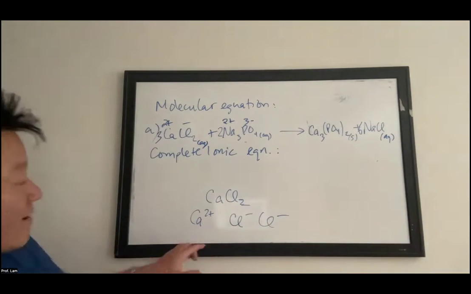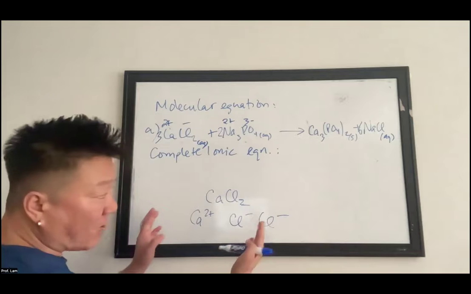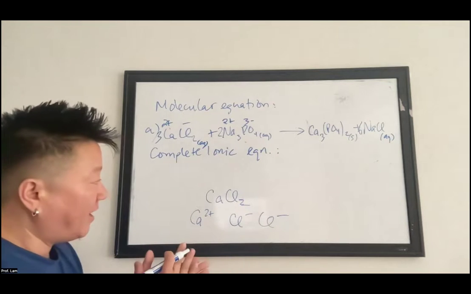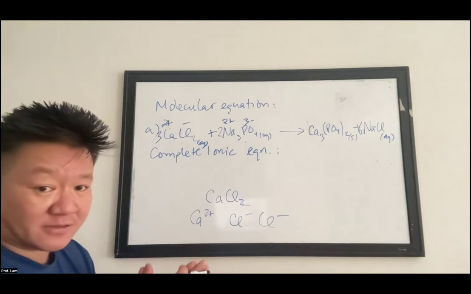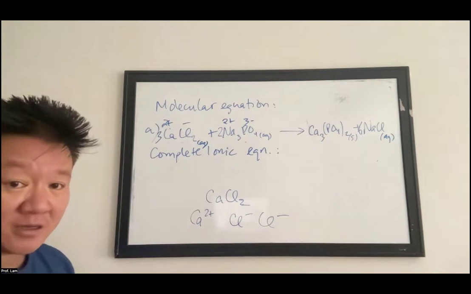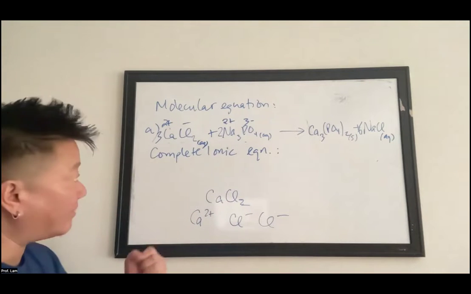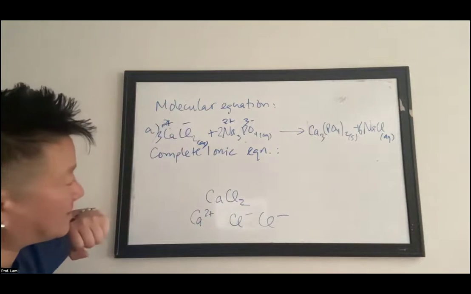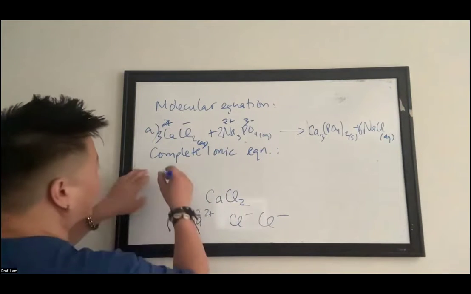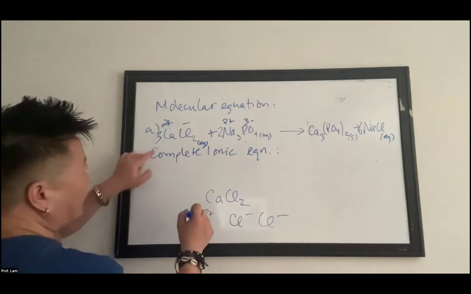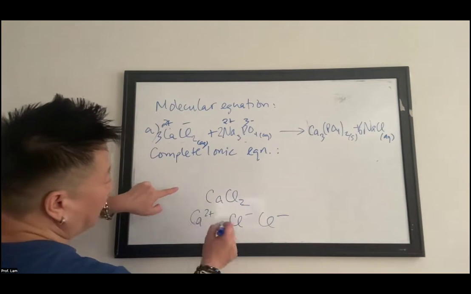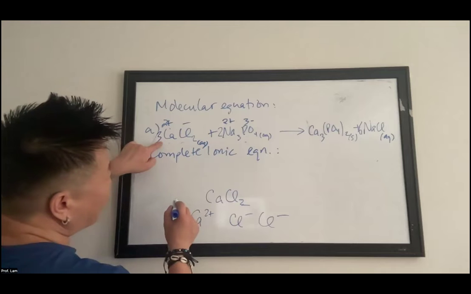Without water, these would be attracted to each other and forming a crystal lattice. But if water comes in between, then it's just going to split it all up. That's how you should envision it: as water comes in between, it splits these all up. So in a complete ionic equation, you're going calcium. How many calcium ions are there? In one, there's 1, but I have a 3 in front here.